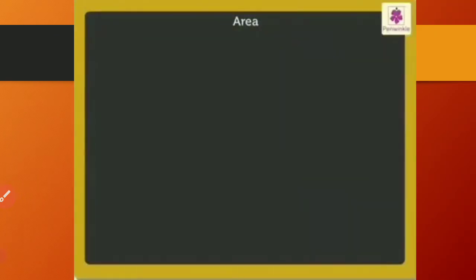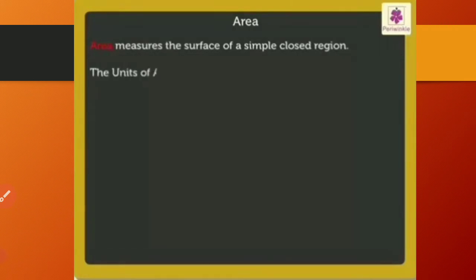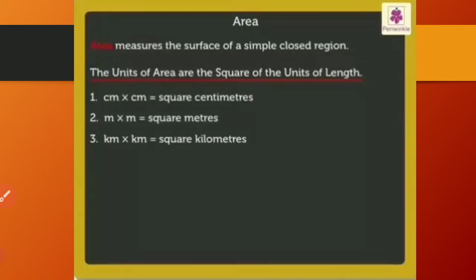What does the term area mean? Area measures the surface of a simple closed region. The units of area are the square of the units of length. Thus, area can be expressed in square units such as square centimeters, square meters, or square kilometers.